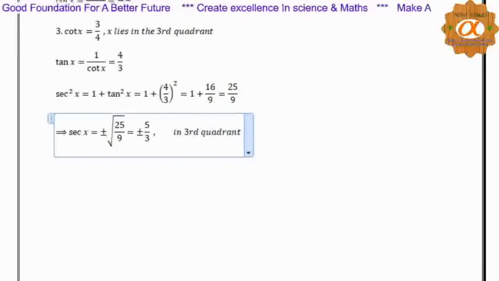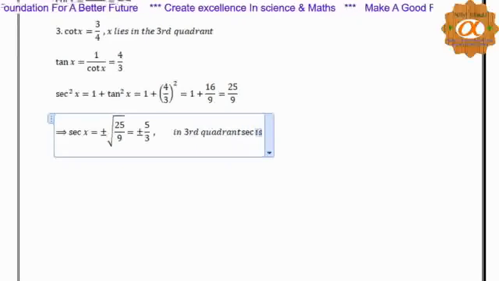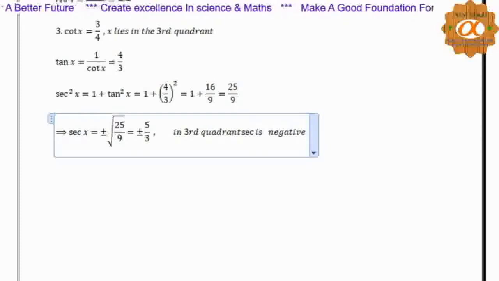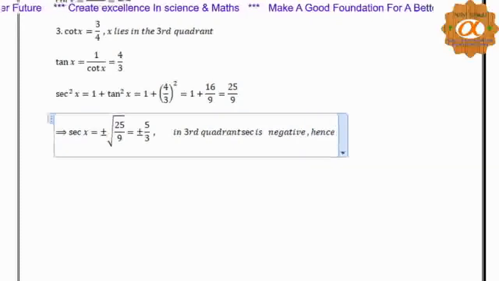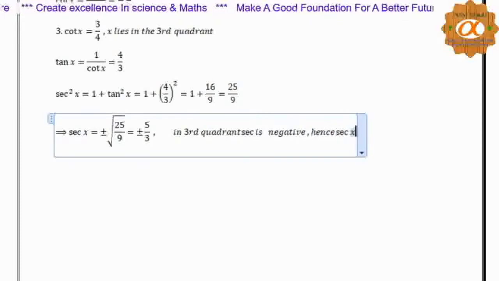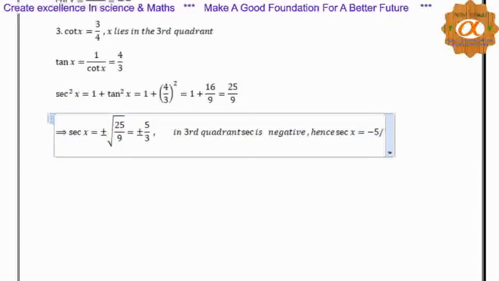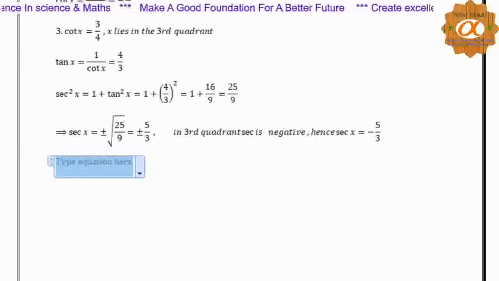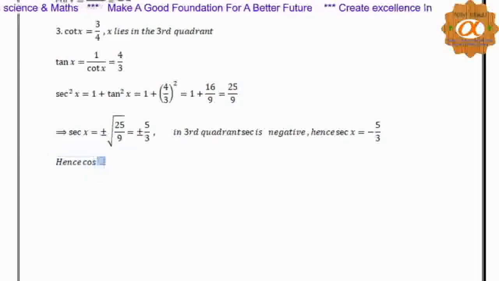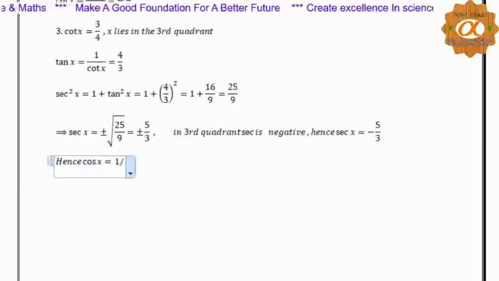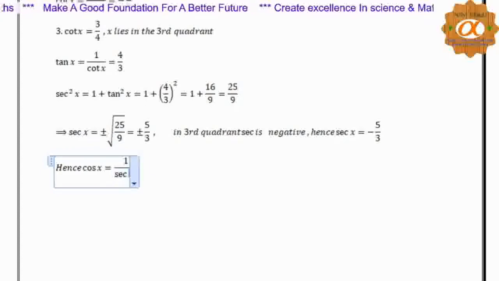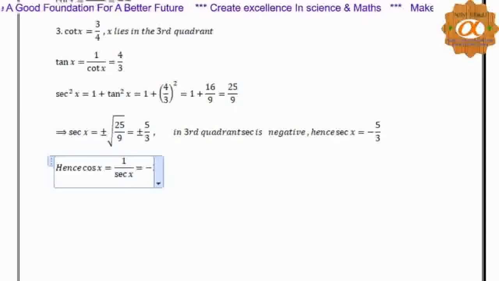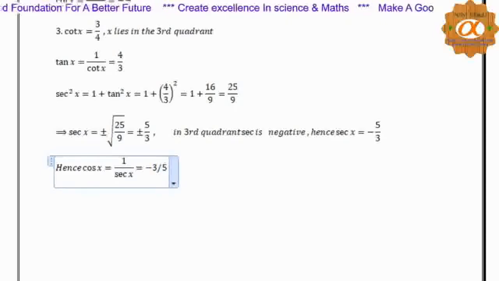In the third quadrant, sec is negative, hence we take sec x is equal to minus 5 by 3. Hence cos x is equal to 1 by sec x is equal to the reciprocal of minus 5 by 3, which is minus 3 by 5.